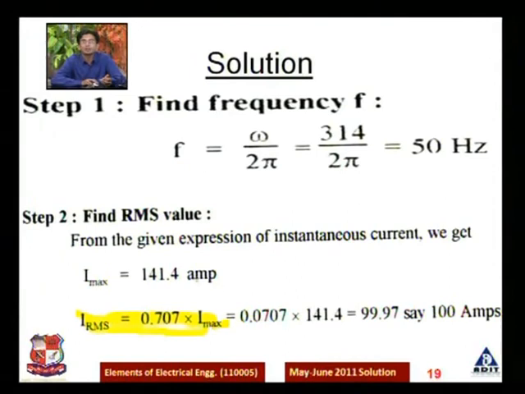What is the Imax? It is 141.4, and by multiplying by 0.707 you will get the answer, 99.97. So you can say it is about 100 ampere, the RMS value of the current, right?